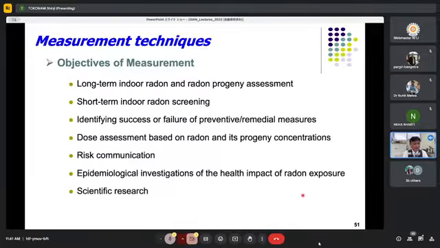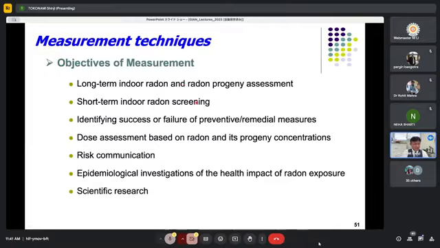Here are the objectives of measurement. Long-term indoor radon and radon progeny assessment.